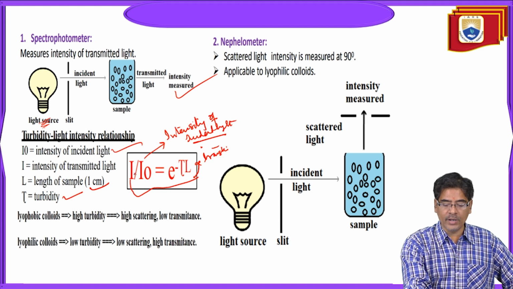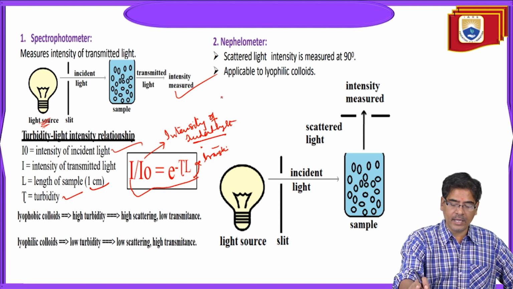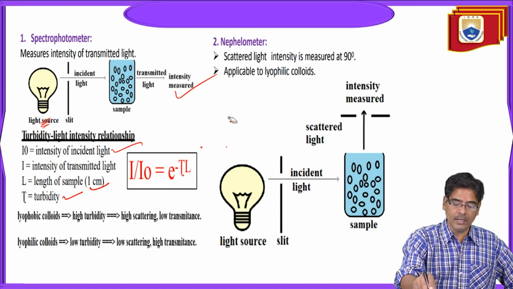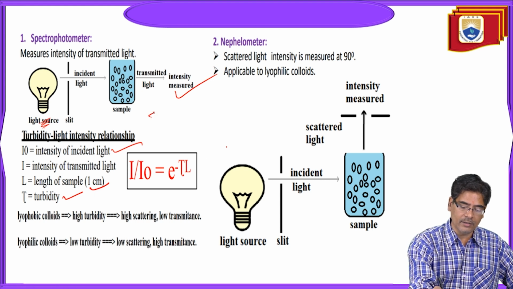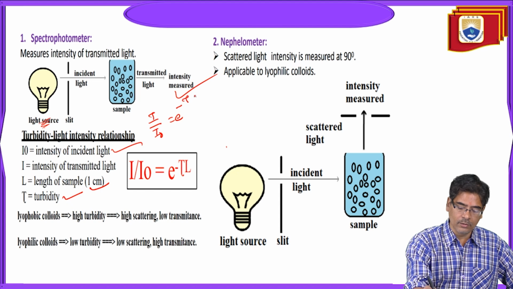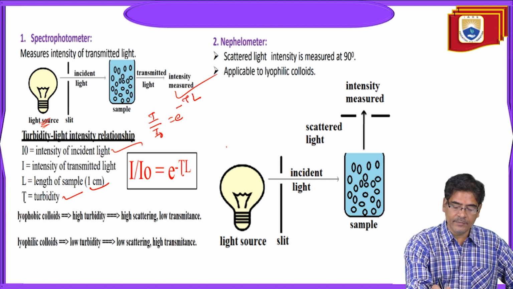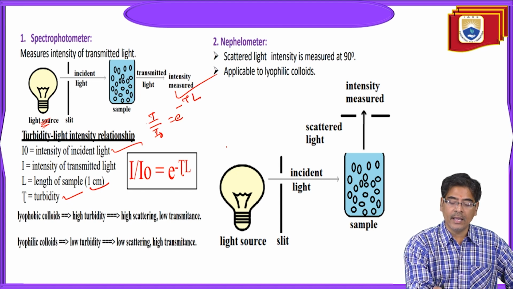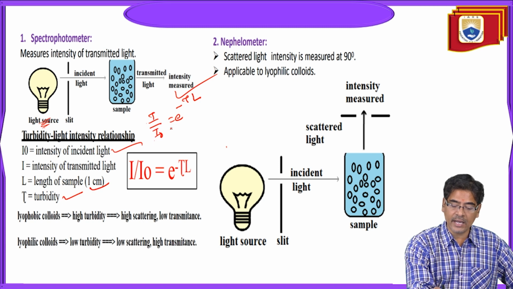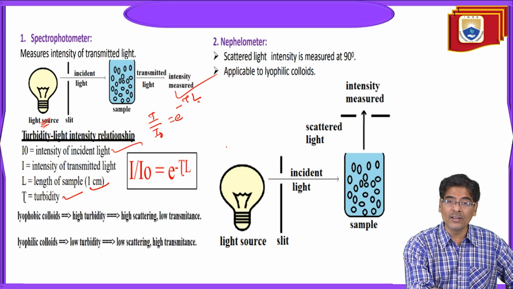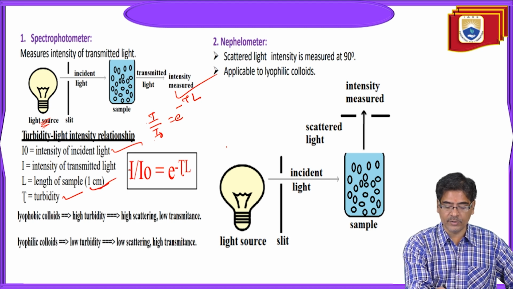So I by I naught is equal to e power minus tau L.